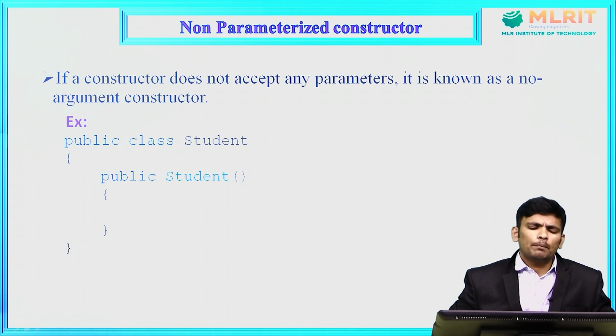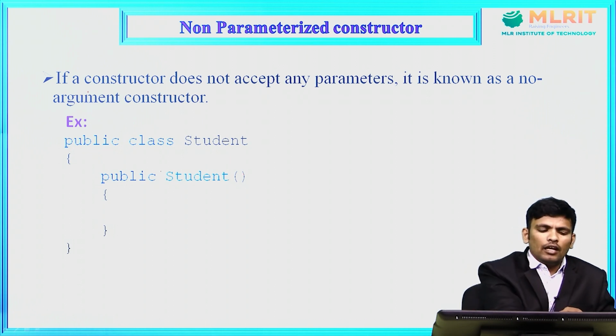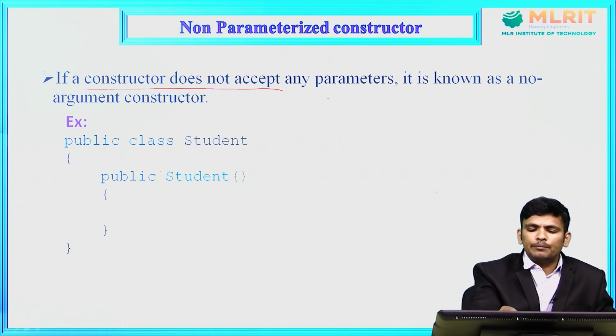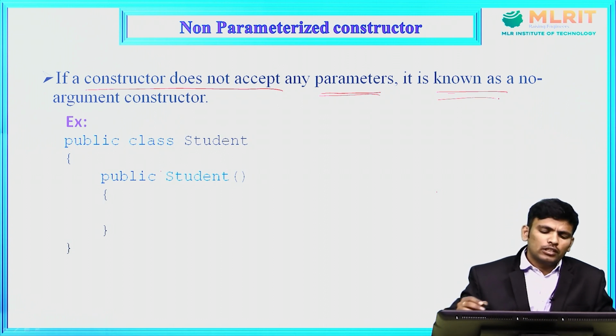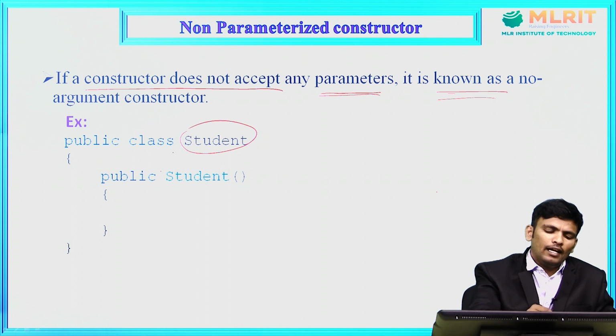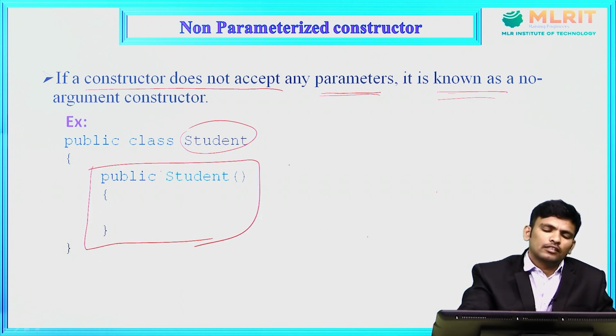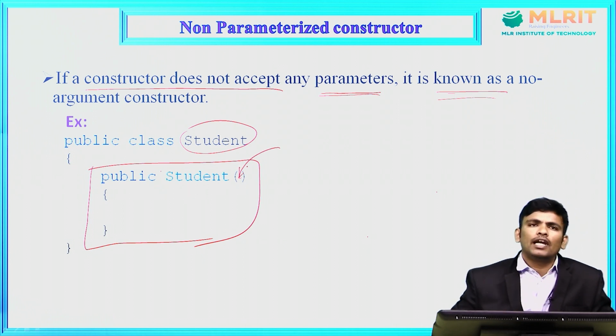Coming to the parameterized constructor. If a constructor doesn't accept any parameters, then it is known as a no-argument or non-parameterized constructor. Suppose I have a class and I created a constructor, and this constructor doesn't accept any parameters.